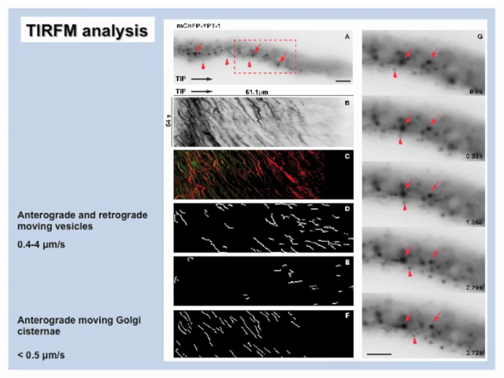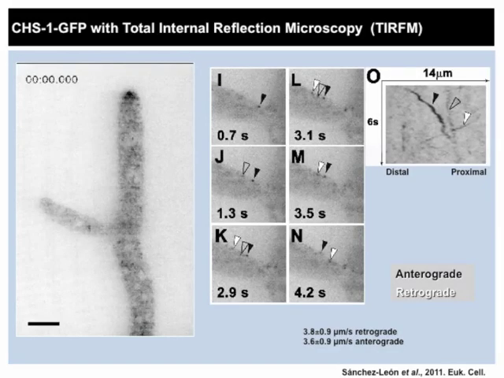We saw some vesicles that move in an anterograde and retrograde manner from 0.4 to 4 microns per second, whereas the cisternae that we think are Golgi move only anterogradely, with values of less than 0.5 microns per second, so they move much slower than the vesicles.